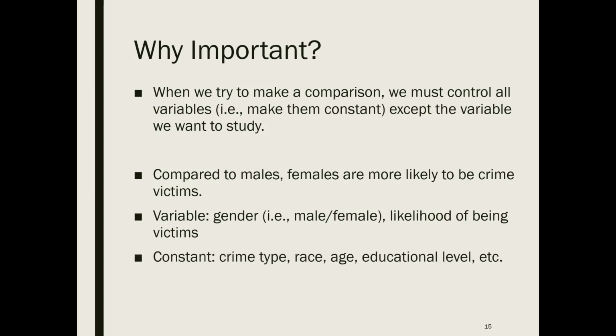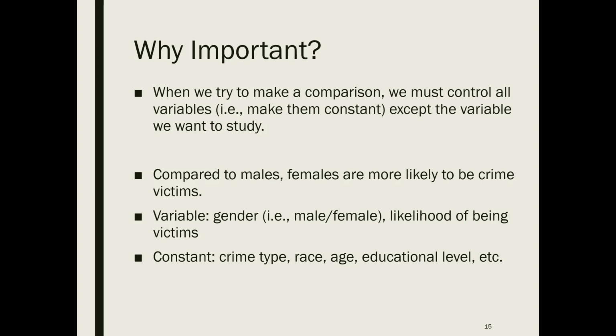And the constants, again, since we are going to study gender's impact on the likelihood of being victims, we have to control other variables such as the crime type, race, age, educational level, family income, marriage status, or even where they live, right? So community status, or what do we call it, the social status. Okay, these are also things that can impact the likelihood of being victims.